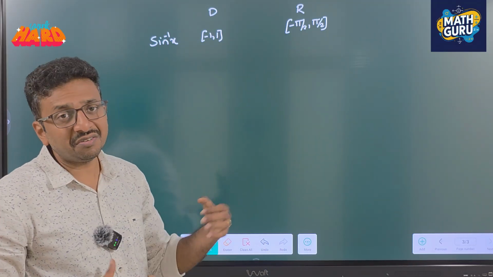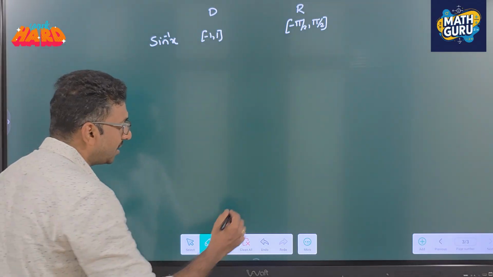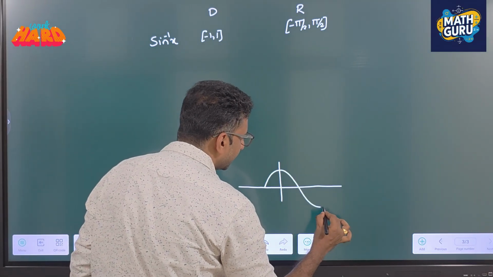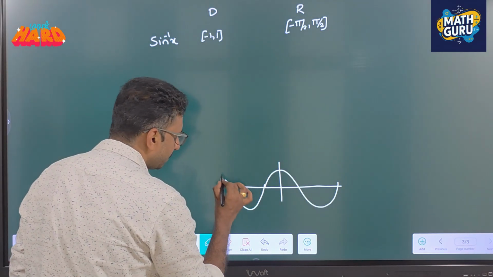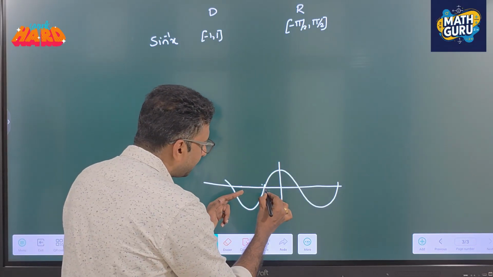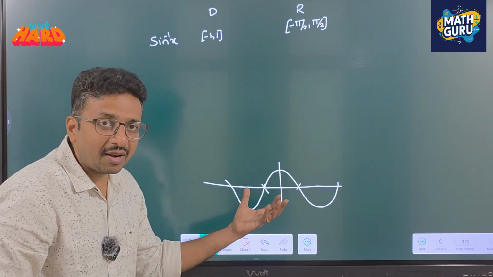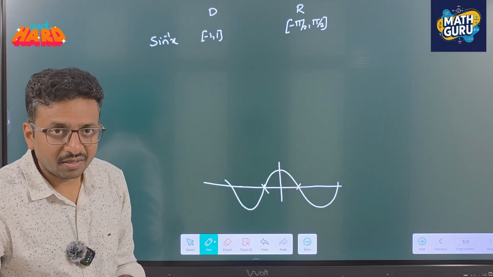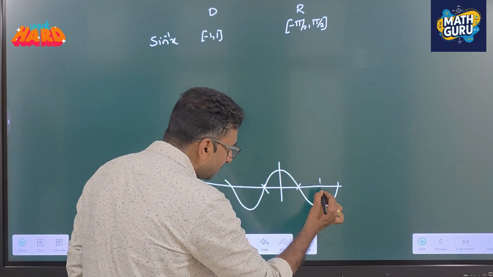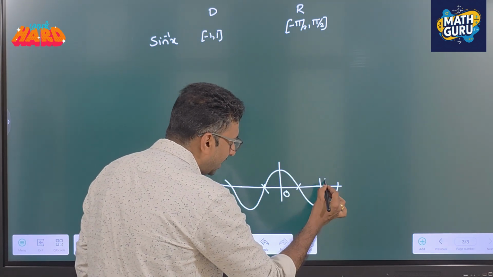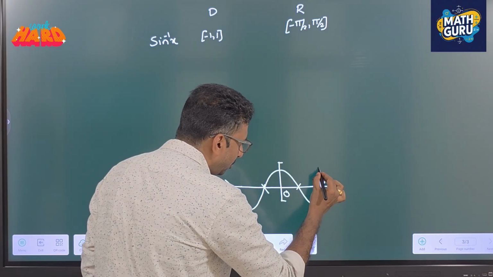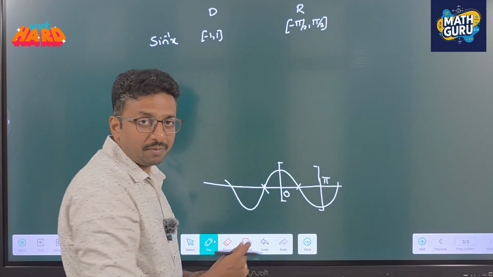The same restriction will not work for cos inverse. If you look at the graph of cos inverse, and take the restriction from minus pi by 2 to pi by 2, it will not be one-one and the complete range is also not covered. So for cos inverse, you take the branch between 0 to pi as the principal branch.